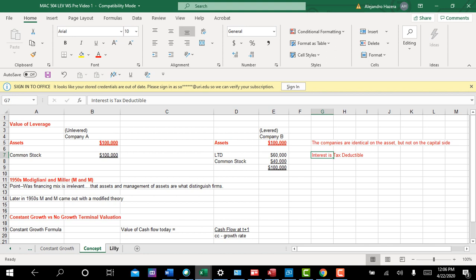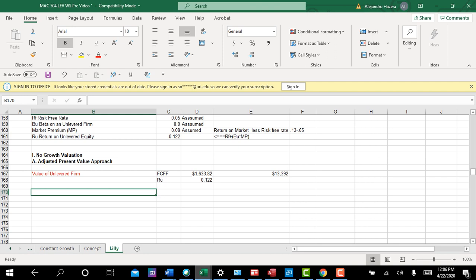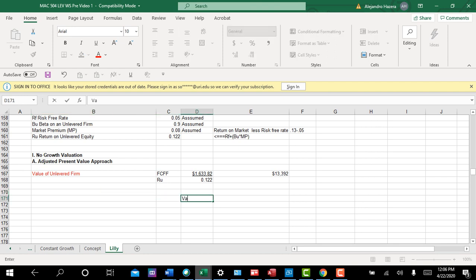Okay, so I'm going to go ahead and put in a formula which may not be quite logical and explain that. So the way you get the value of the tax shield, we're going to put value of tax shield here.